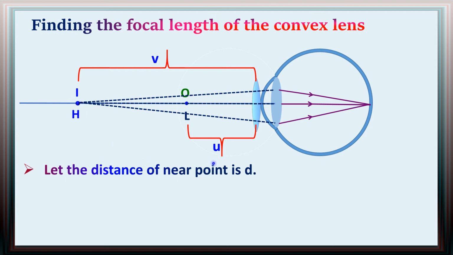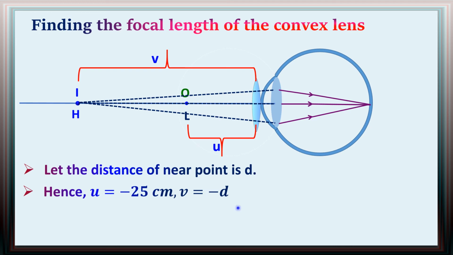Okay. So hence U equal to how much here? Because the object is placed at the least distance of distinct vision, it is minus 25 centimeters, because we are measuring opposite to the direction of the incident rays. That's why from here to here it is minus 25 centimeters, and V, the image distance, is minus d, because I let the distance of the near point be d.